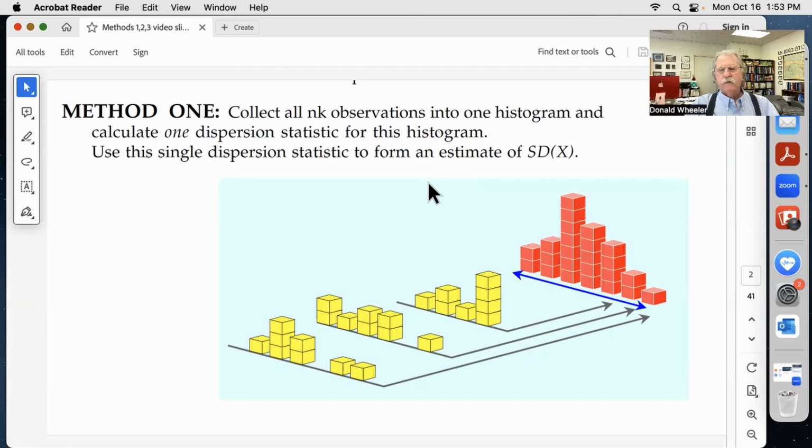Method one, of course, is what you learn in your introductory class in statistics. So you put all the data into one big histogram, calculate a single dispersion statistic for this histogram, and use the single dispersion statistic to estimate the standard deviation parameter for the distribution of X. That's method one.